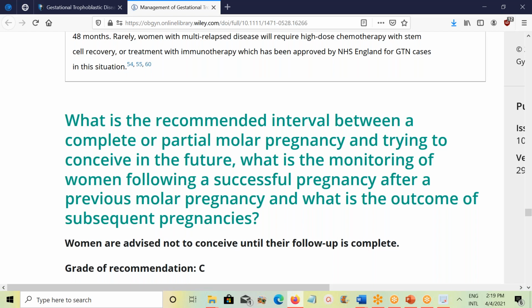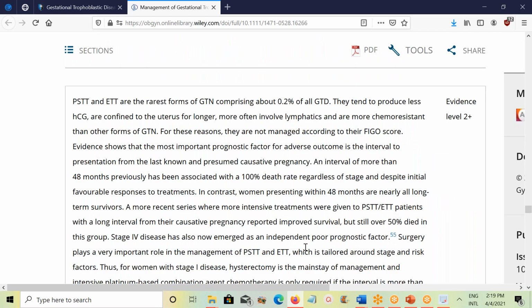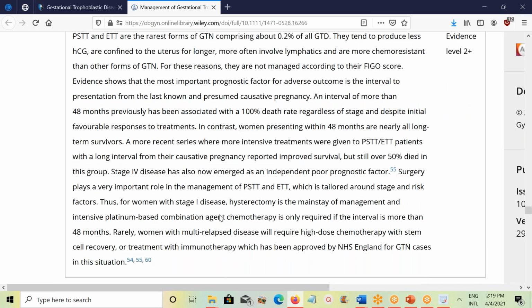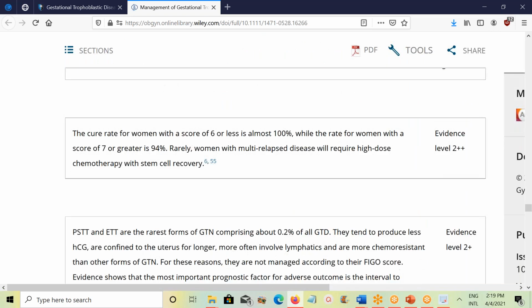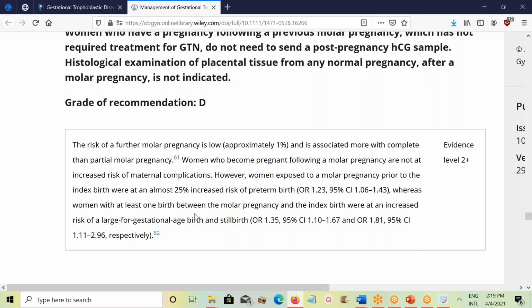And here is an important point: if the score is more than 13 for some unlucky woman, then what will happen? This is an independent risk factor, and the risk of death and recurrence increases tremendously.